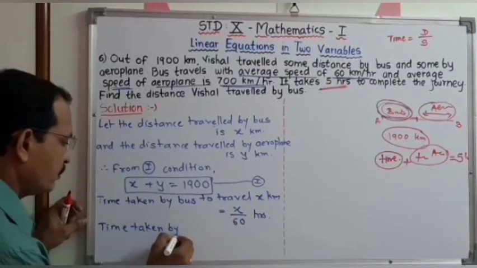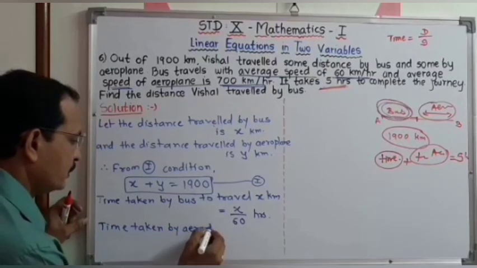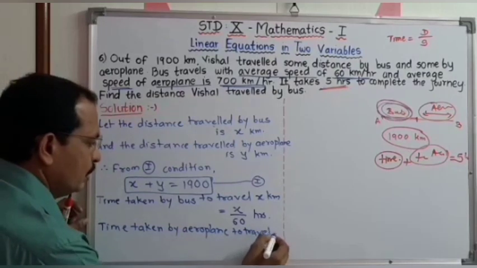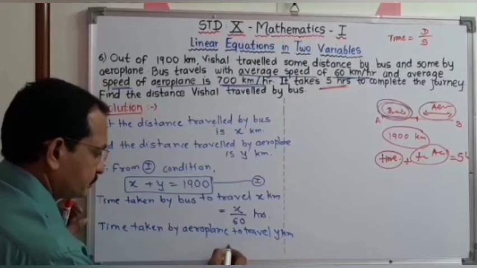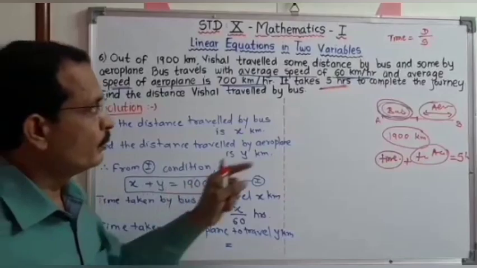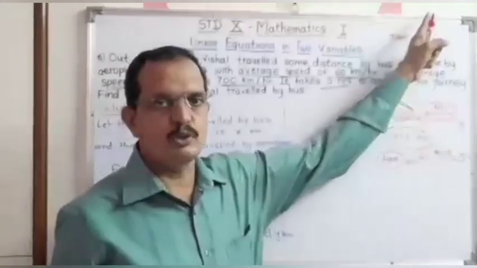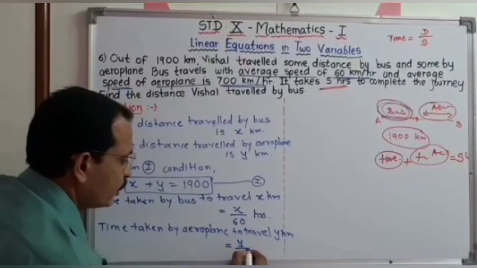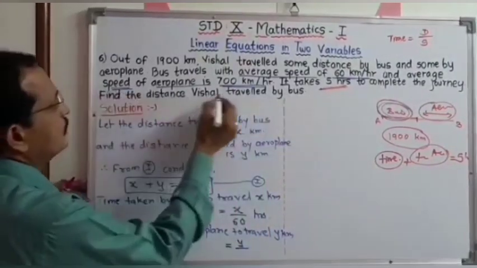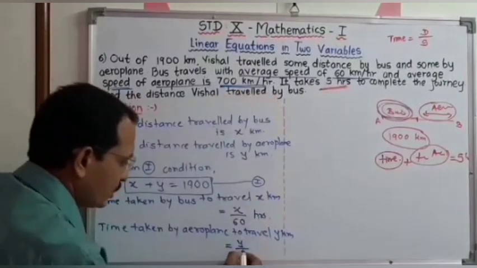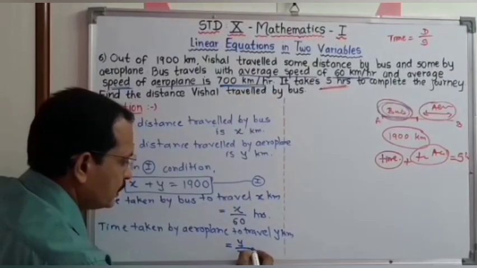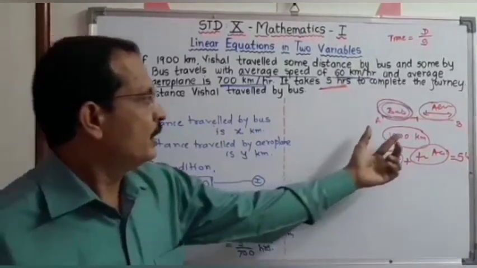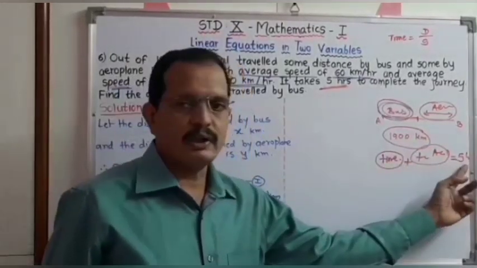Now we have to find the time taken by aeroplane to travel y kilometer. Once more we use time is equal to distance upon speed. Distance is y kilometer, speed is 700 km per hour, so it is y upon 700 hours. Now the total time is 5 hours.